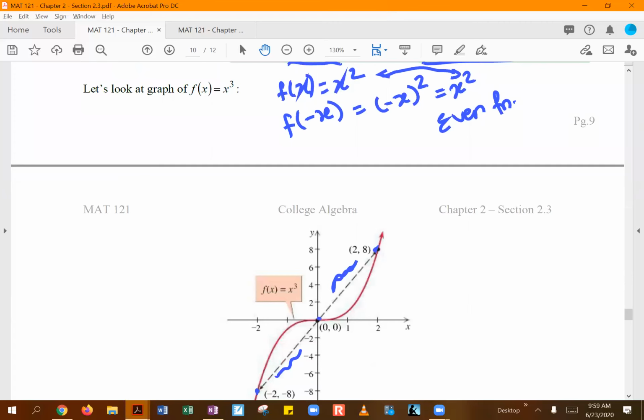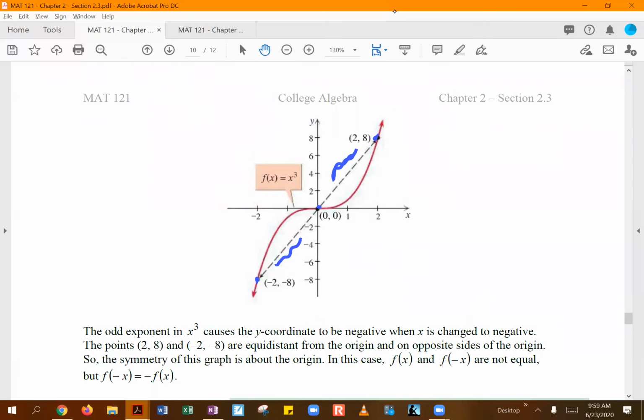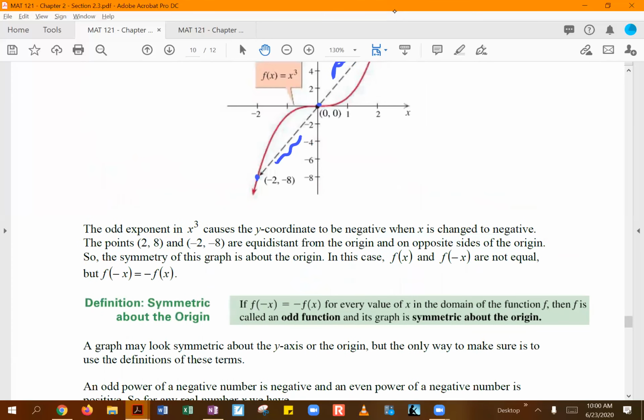Now, when you're looking at functions like x to the third power that have symmetry with respect to the origin, what happens is when you plug in the negative x in your function, it actually ends up making your entire function negative. So if I take my f of x, which is x to the third power, and replace my x with a negative x, now I'm going to put negative x to the third power.